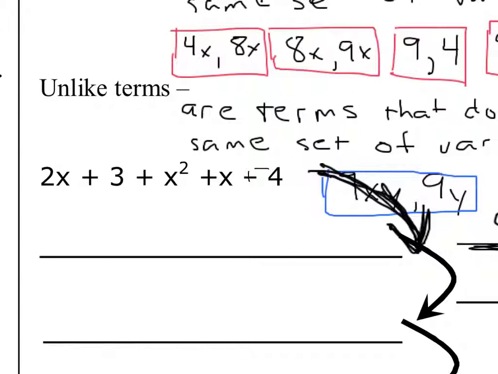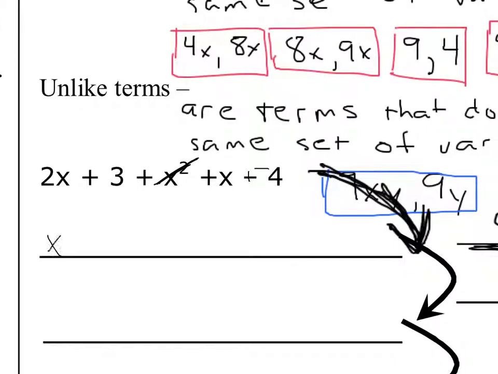Now the whole point of using commutative property here is so we can get our like terms together so we can combine them. I always put my terms in the same order. I always put my exponent terms first, then my variable terms, and then my constant terms. Okay? So I'm going to start with my variable terms, and I'm going to cross them out as I go.